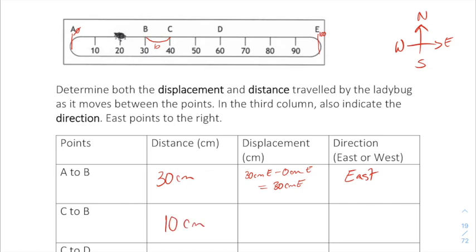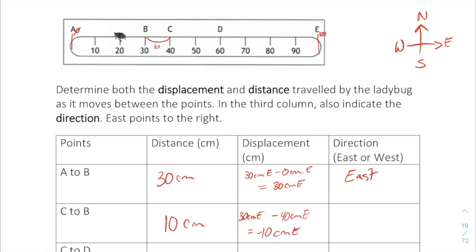But in the displacement case, we would be moving 10 centimeters to the left, starting at 40 centimeters east, which is our starting point. We want to always do end minus start, so we want to do 30 centimeters east minus 40 centimeters east, which gives us negative 10 centimeters east.